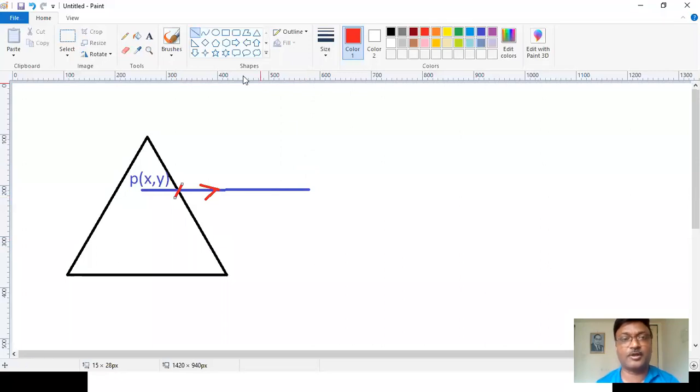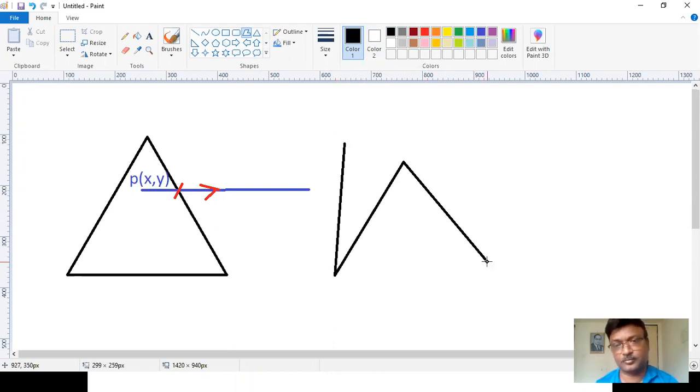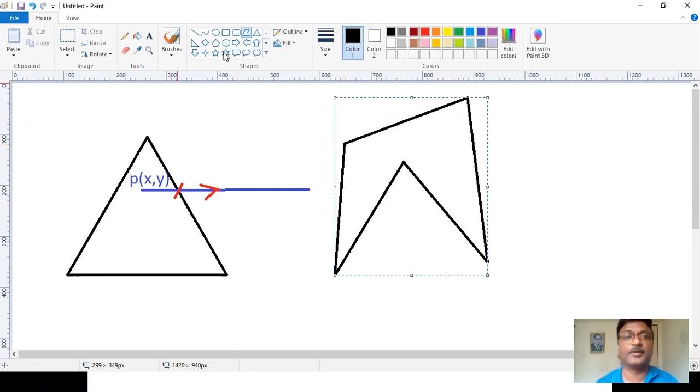Now I am going to draw another polygon, suppose in black. So this is my polygon, and suppose this is my point.